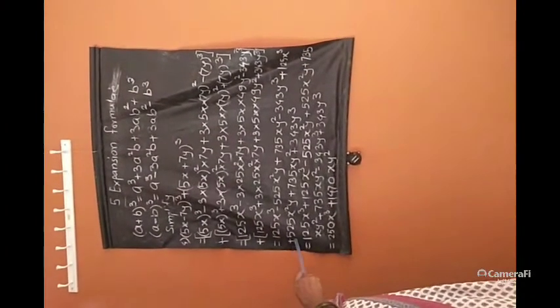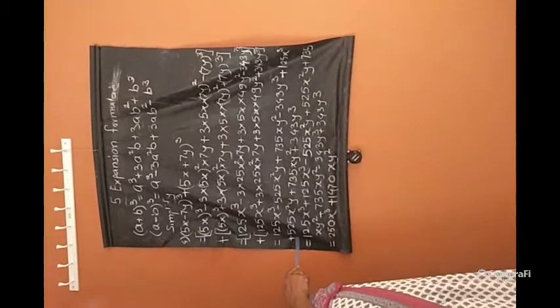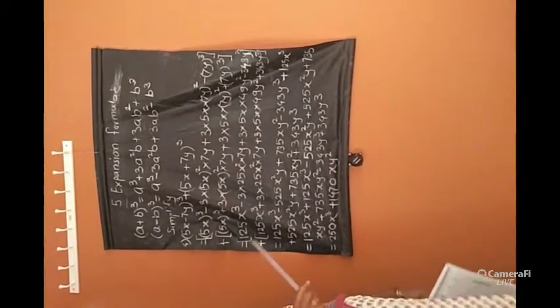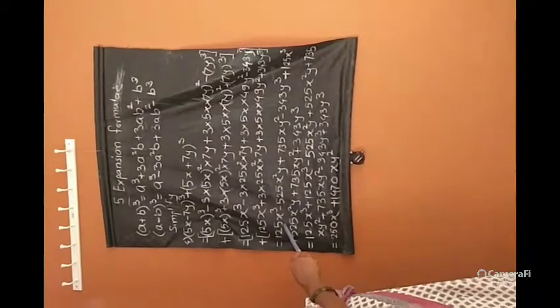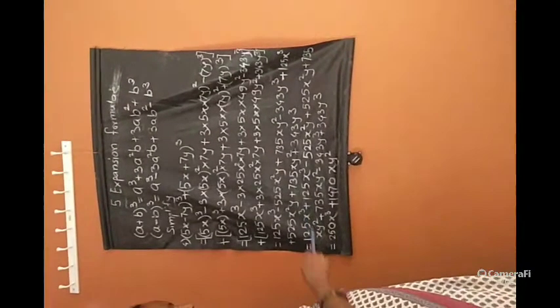Now we have to do addition in between these terms. So we have to take similar terms near to each other. Similar means they have the same variable and the same index. Here the terms are taken near to each other.